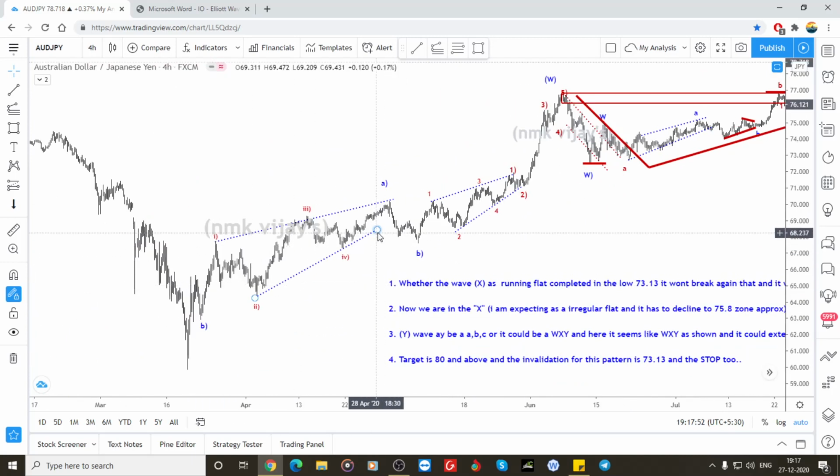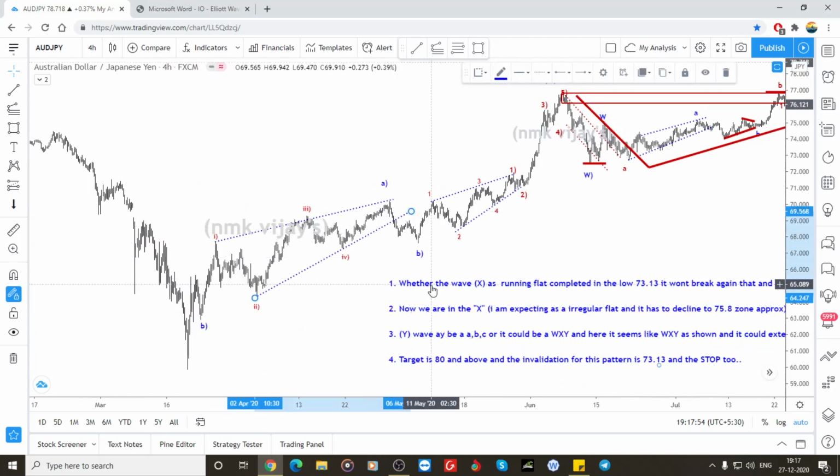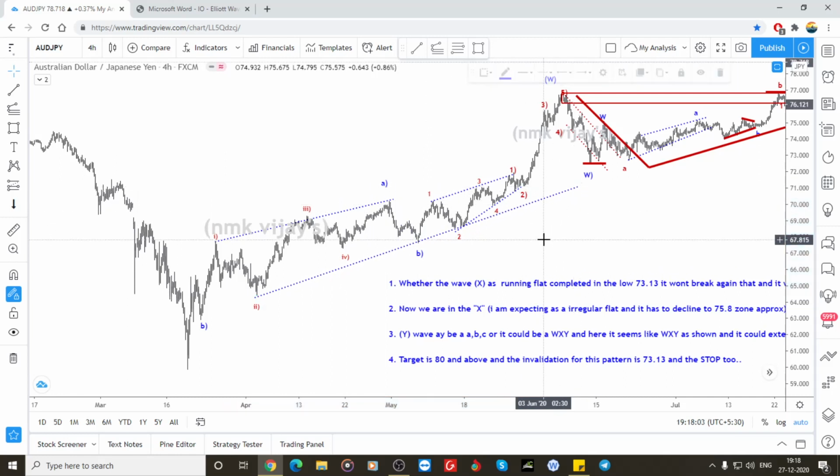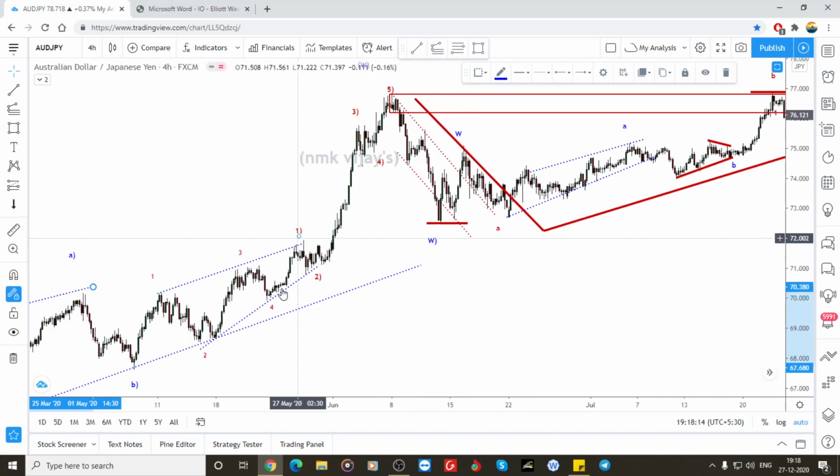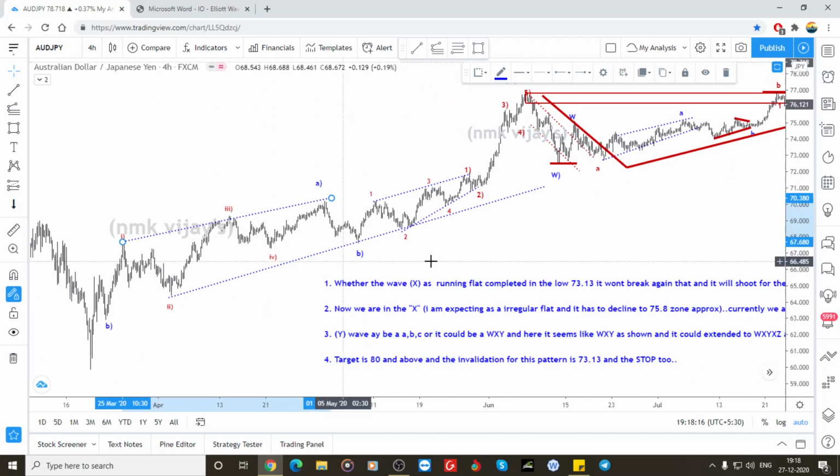And I was expecting a huge drop like here, but it never came. So what happened, it went out of the channel also, and here also it's a wedge formation. So everybody, what we think here is a wedge formation, so again it has to drop. But what happened here, it shot above.